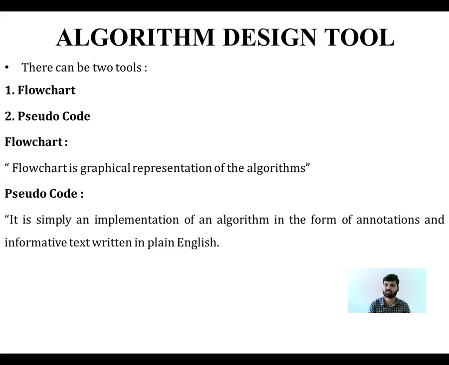That is called pseudocode. Means there should be some English language or some coding steps or functions. In that function you can use various loops, operators, and assignments. That is called pseudocode.